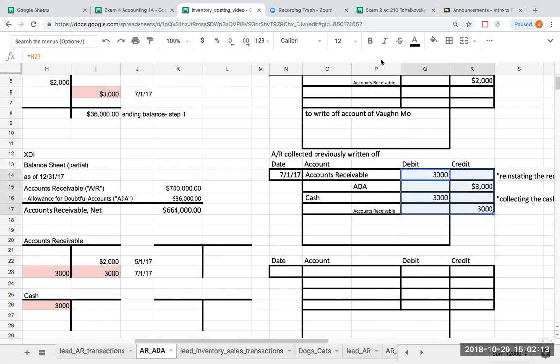So my journal entry description will be right here: to record cash received from accounts receivable previously written off.